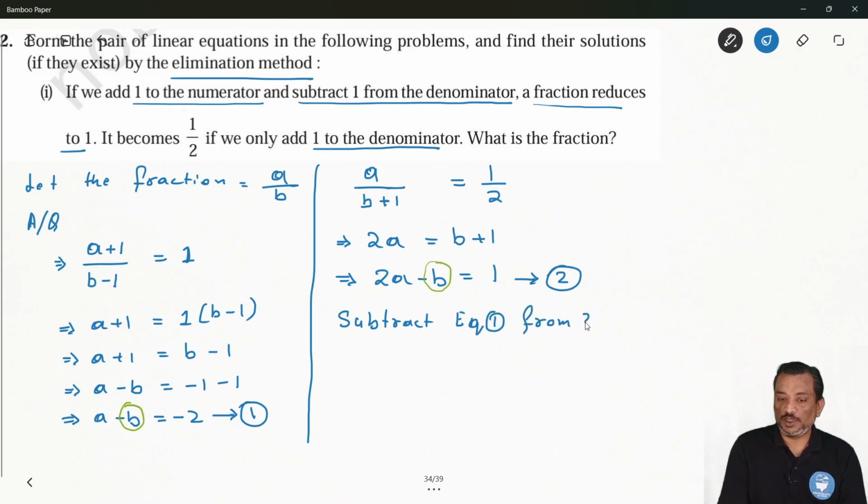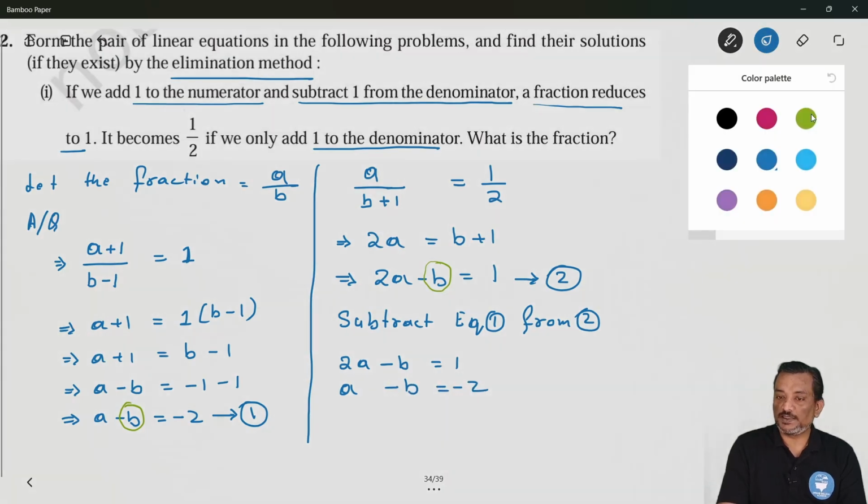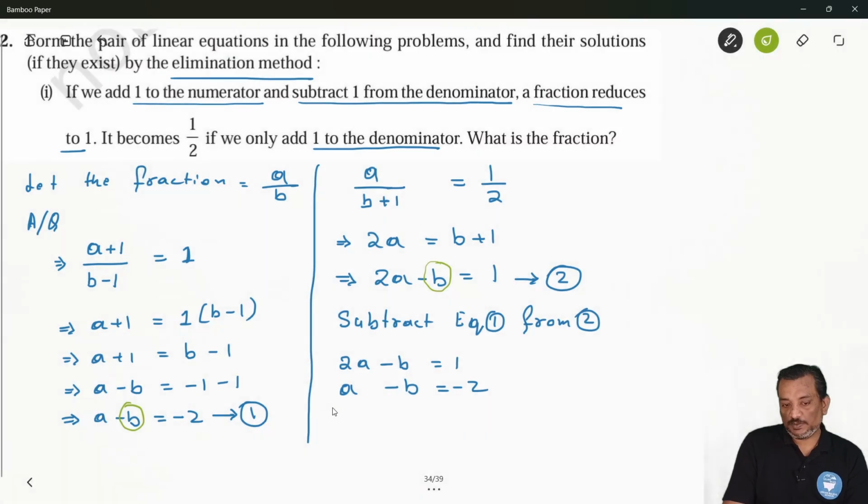Okay, so equation 2 you have 2a minus b is equal to 1. Okay, now equation 1 you have a minus b is equal to minus 2. Now you can change the sign. So you can say this is plus, this is minus, you will get here minus a, and this one you got plus, this one you also got plus.